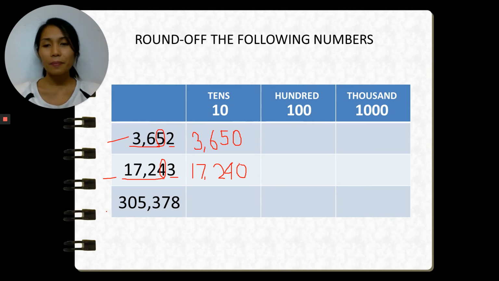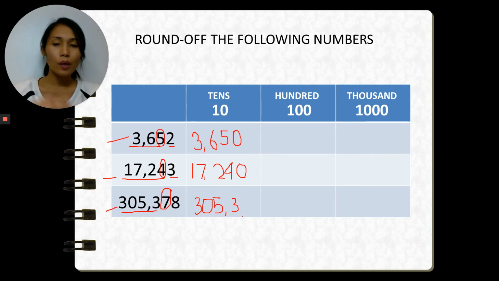Okay, next. 305,378. Tens place here is number 7. Okay, so copy all of this. 3, 0, 5, 3 and okay, before we write 7, let's decide first, are we going to round it up or round it down?